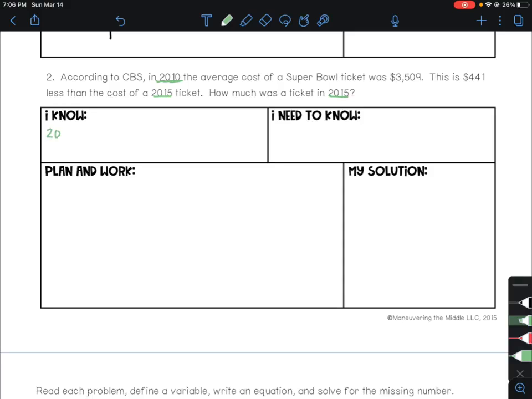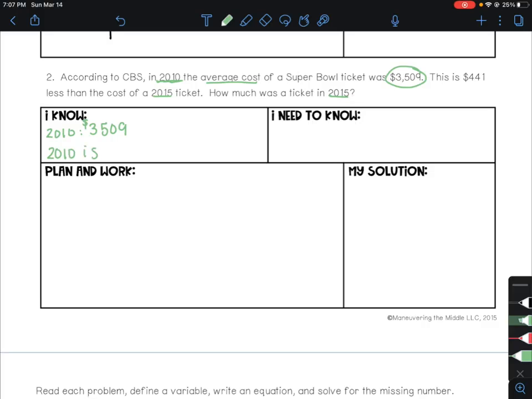So we have 2010 and we have 2015. We know that in 2010, the average cost was $3,509. And that is $441 less than the cost of a 2015 ticket. So we don't actually know the 2015 ticket.